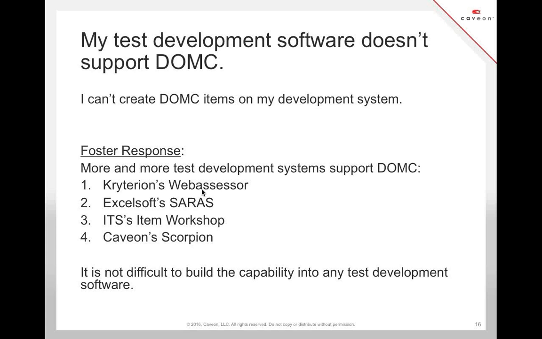However, you may not be using any of those or intend to. And so the last sentence is very important. It's not difficult to build the capability into any test development software. We have a set of specifications. Happy to share them and happy to answer questions and support creating that capability into any system. So there are more and more now coming on board, and you can build it. So buy or build are two good choices here.